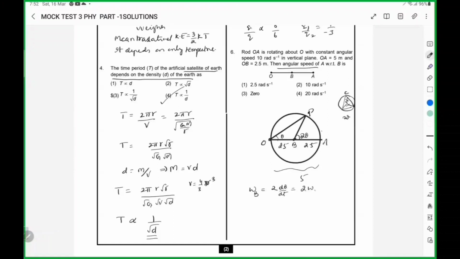So that is 2 times the angular velocity. Angular velocity about O is given as 10 radian per second. Angular velocity about B is 20 radians per second.